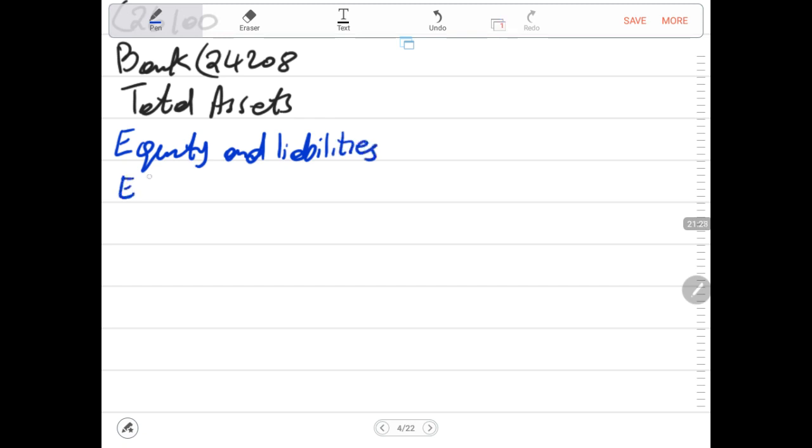Under equity, we'll have what is called capital. Now here under capital, that is where we are recording the statement of changes in equity.